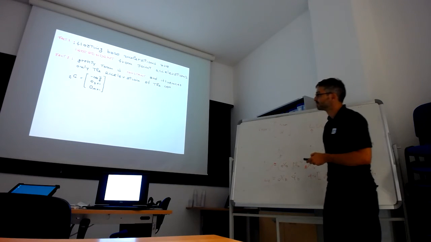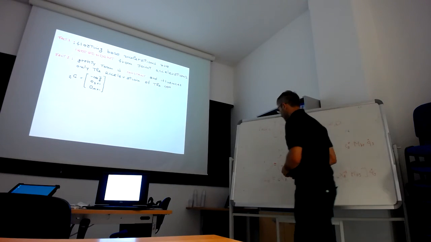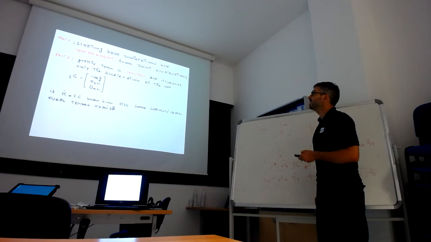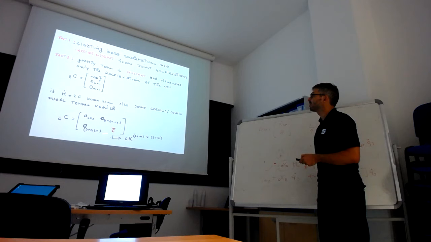So it's simplified, and if you select C such that this is skew symmetric, you will also have a Coriolis matrix that is 0 in the first 3 rows, and only has influence on this.